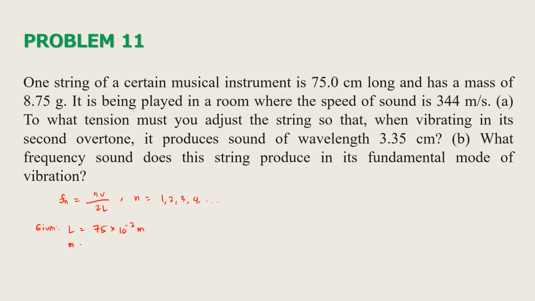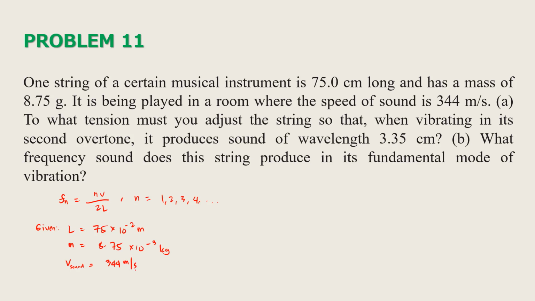We have the mass, which is equal to 8.75 times 10 to the minus 3 kilogram. And then the speed of sound in air, v sound, which is 344 meters per second.